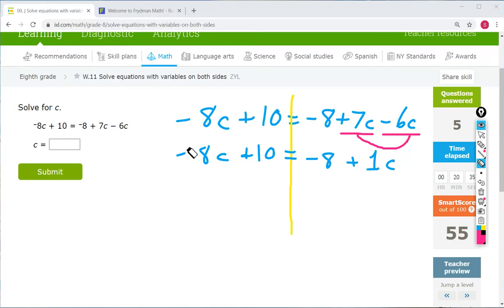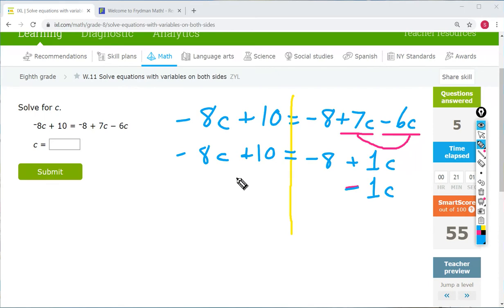I mean, you can't combine them just simply like that by doing negative 8 plus 1. You can't do that. But what we can do, like what we've been doing, is we can use inverse operations. And since this is a +1, we'll put minus 1c, and then do a minus 1c on the other side also.